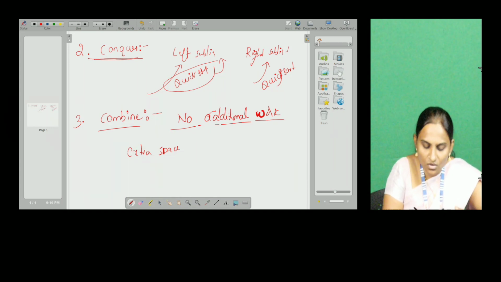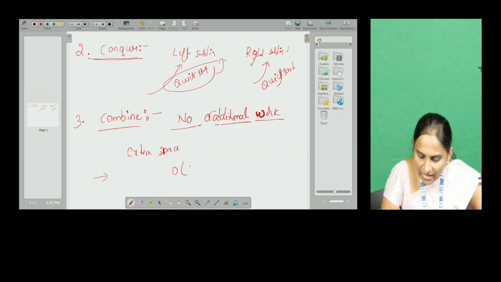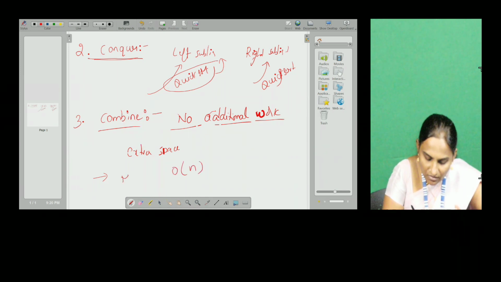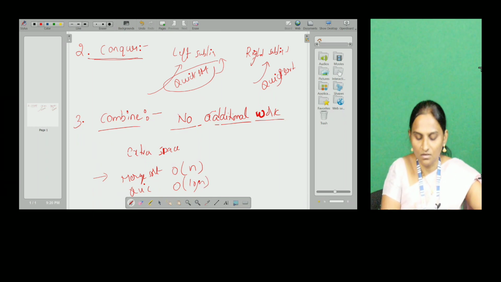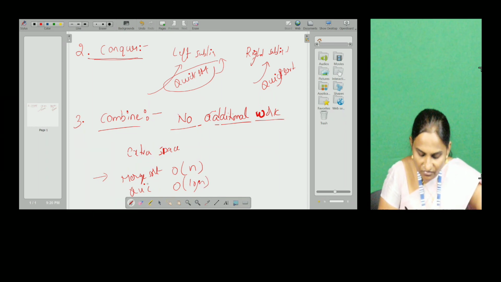Comparing merge sort with QuickSort: for merge sort, the space required is order of n. For QuickSort, the space is order of log n. This is one advantage of QuickSort compared to merge sort.